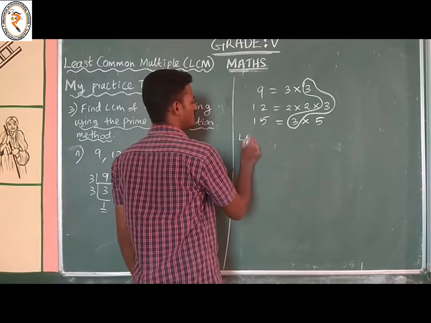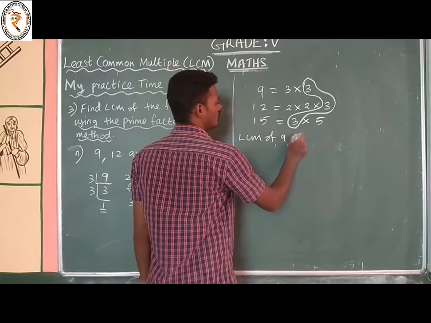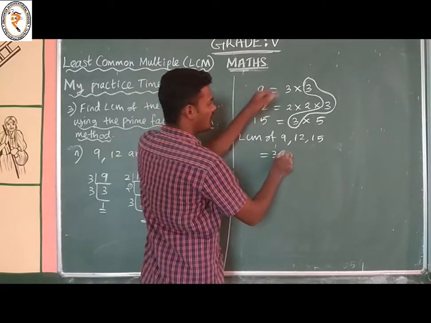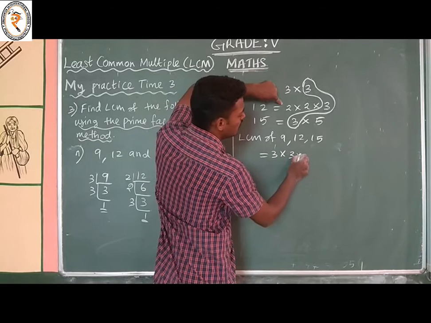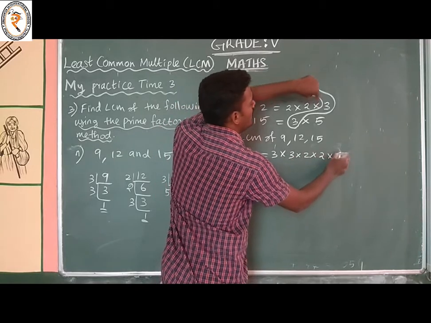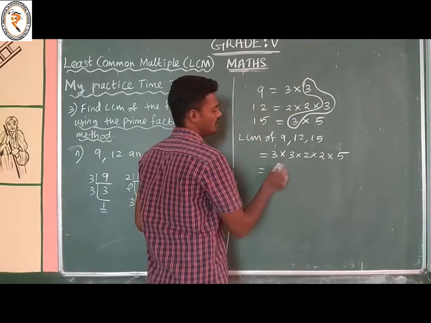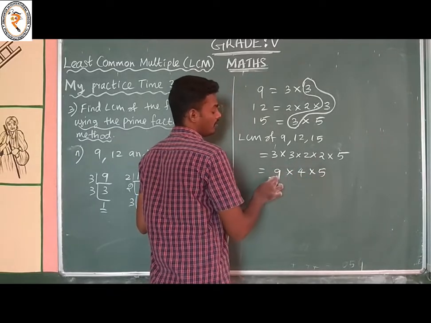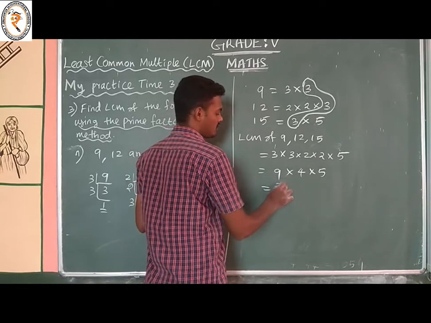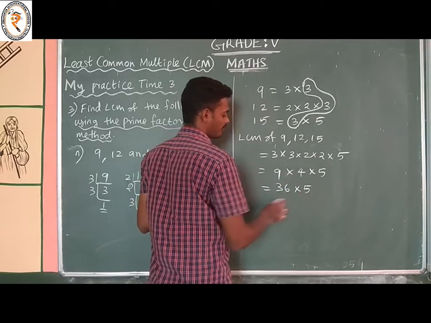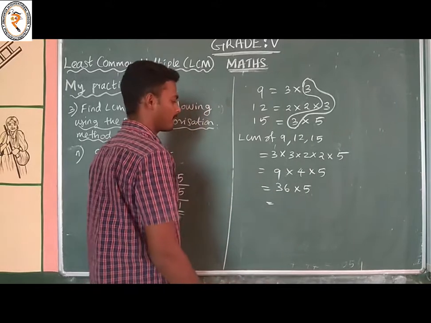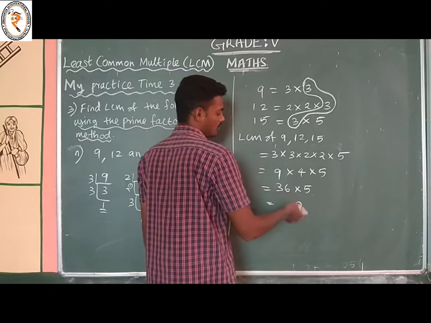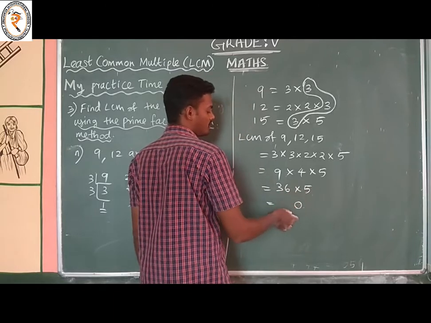So LCM of 9, 12, 15 having one common number 3, and other numbers 3, 2, 2 and 5. 3 3s are 9, 2 2s are 4, 9 4s are 36, 36 into 5, 6 5s are 30, balance 0, 3 5s are 15, 15 plus 3 is 18.